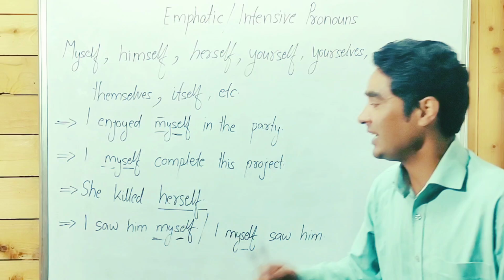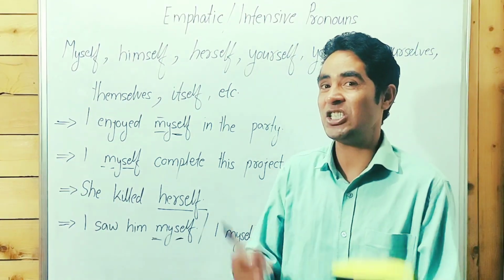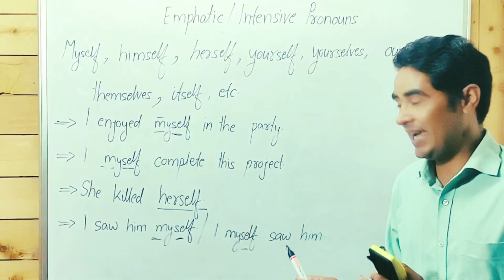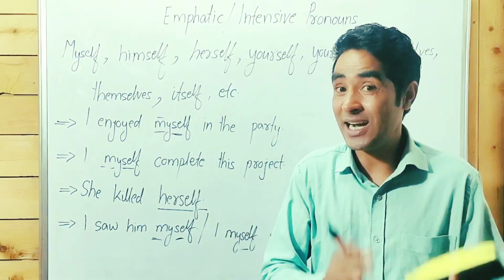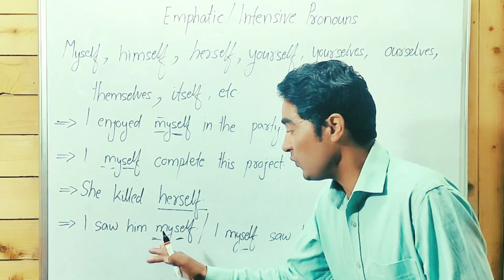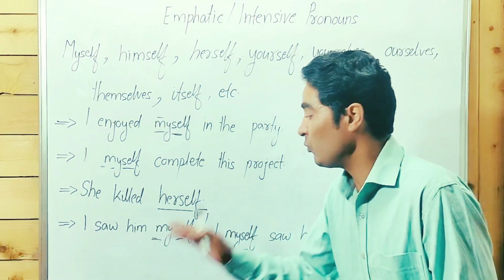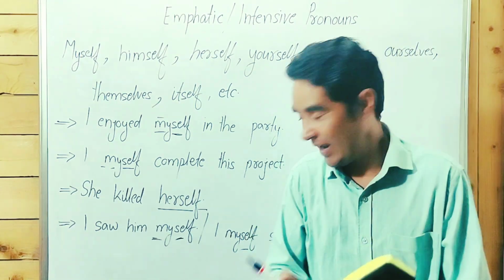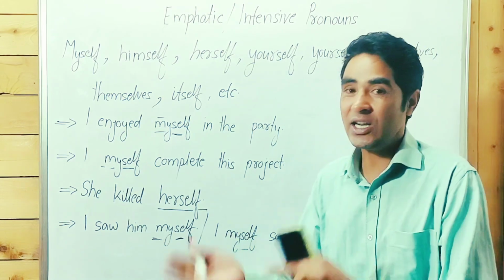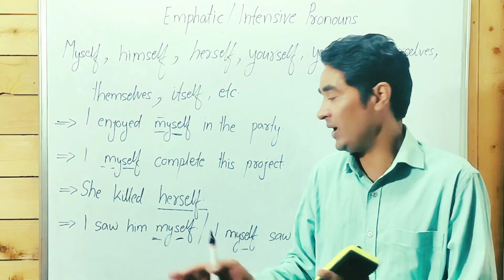She killed herself, she slapped herself, she is talking to herself. I saw him myself. I saw him. It's a complete sentence. If you remove the emphatic pronoun, in this case the sentence will be correct. If you write it or not, both ways are correct.